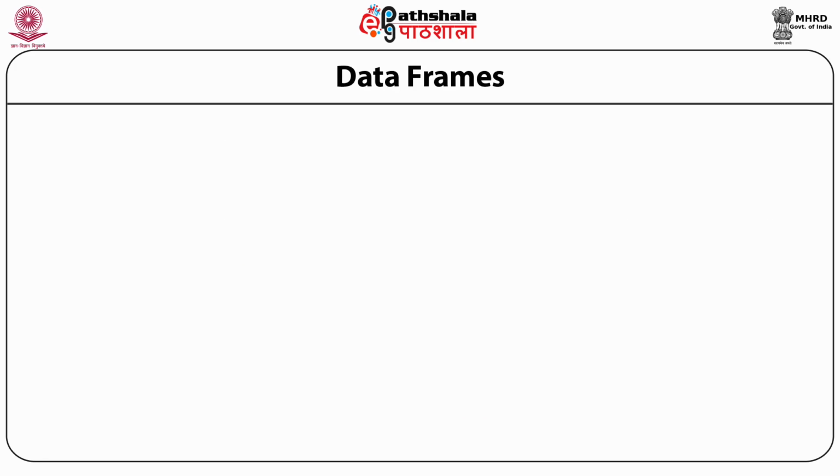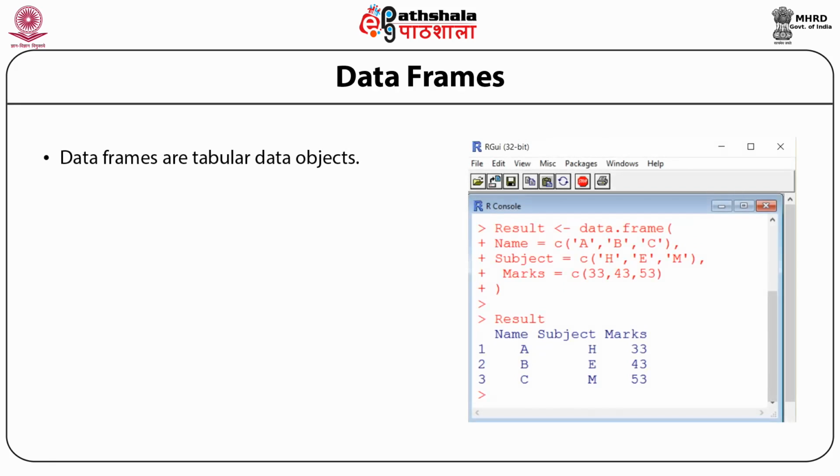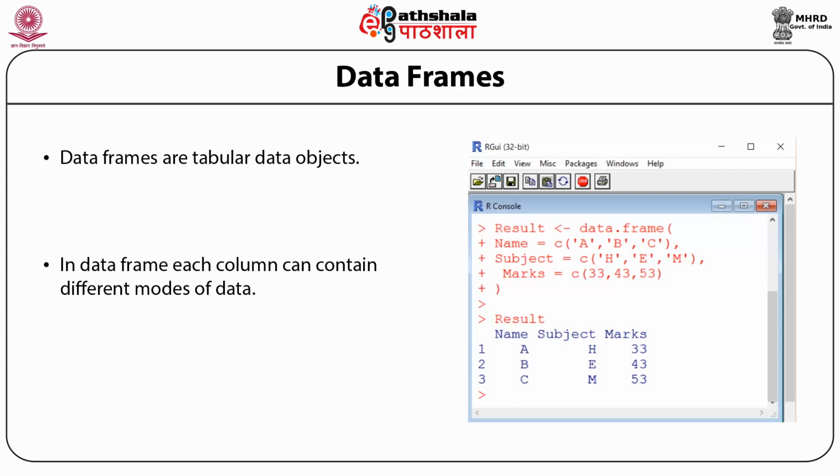Another data type of R is data frames. Data frames are tabular objects, and in a data frame, each column can contain a different mode of data. Here we can see the example: result equal to data.frame, name equal to ABC, subject HEM, and marks 33, 43, 53.